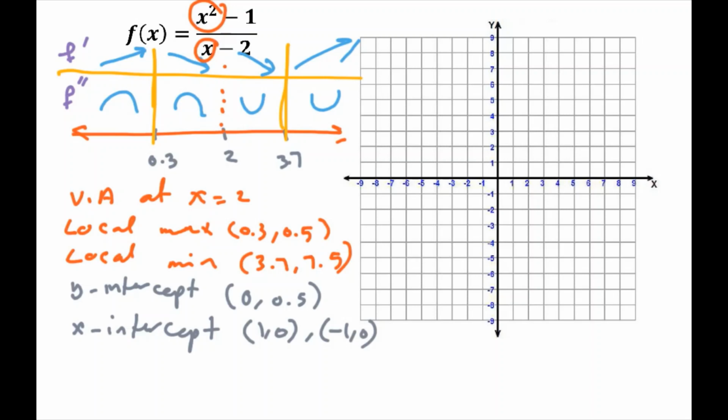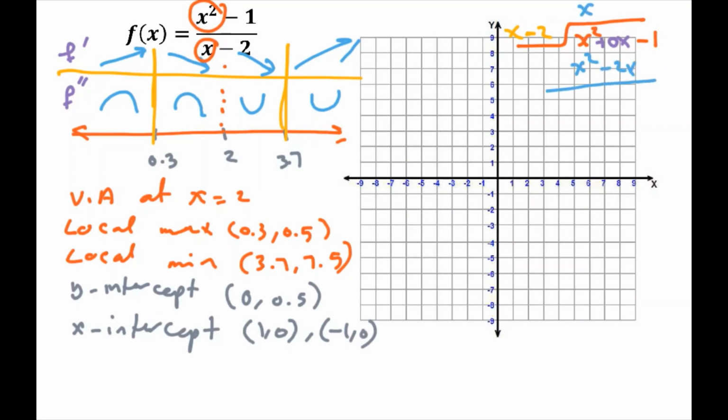I need to find the equation of the oblique asymptote by long division. So I'm going to try to do a long division here. x squared minus 1, and I have a missing 0x, divided by x minus 2. So x squared divided by x is x; x squared minus 2x.